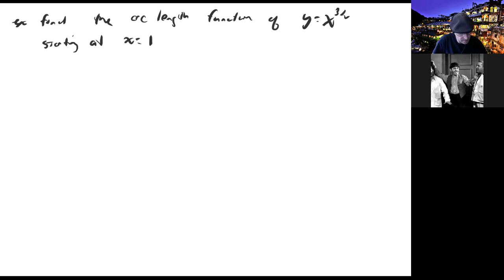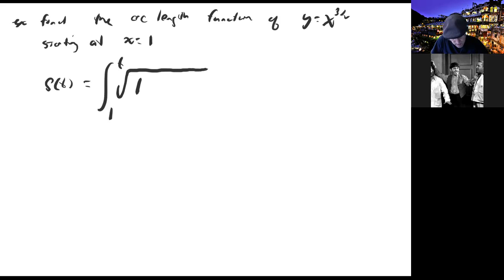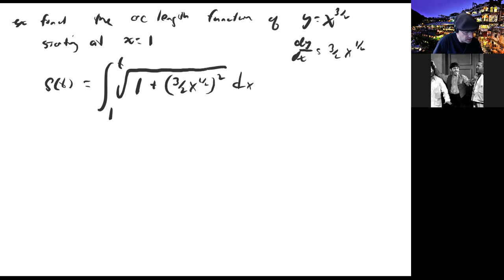So s of t is the integral from 1 to t of the square root of 1 plus, now what is dy dx? Dy dx is 3/2 x to the 1/2. So it's 1 plus 3/2 x to the 1/2 quantity squared dx. In other words, it's the same thing as the integral from 1 to t of the square root of 1 plus 9/4 x dx.